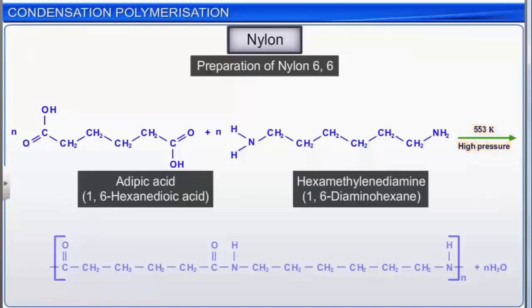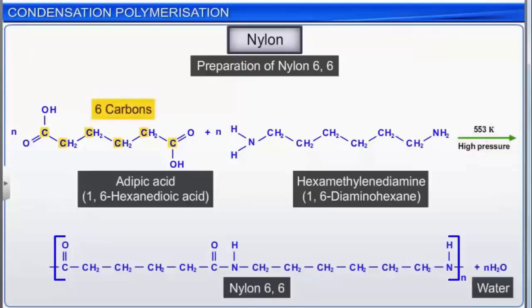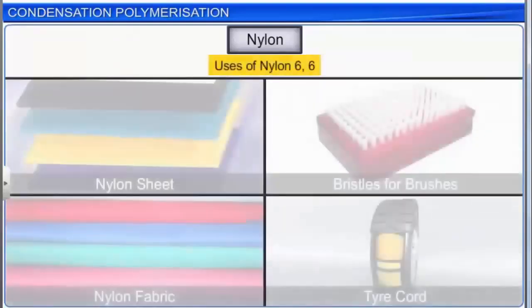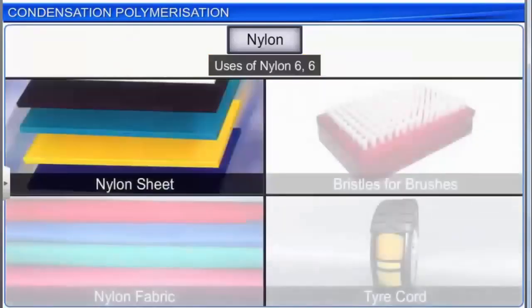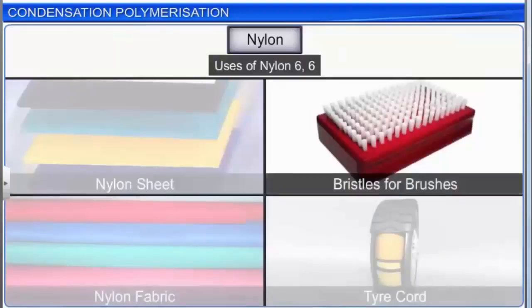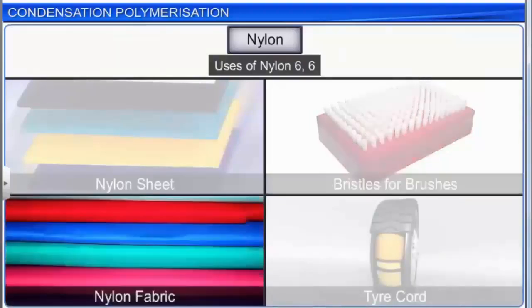This polymer is called nylon 6,6 because there are 6 carbon atoms in each monomer, adipic acid and hexamethylene diamine, that participates in the reaction. Nylon 6,6 is used to make sheets, bristles for brushes, textiles and tire cord.